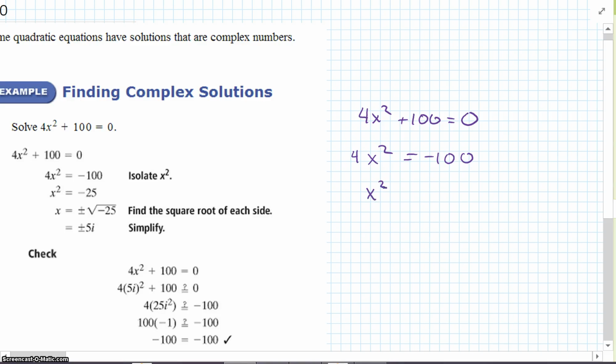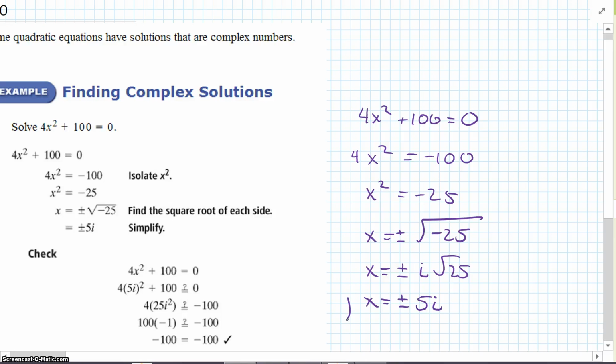I'm going to get x squared, divide each side by 4, equals negative 25. So x is going to equal plus or minus the square root of negative 25. So x is going to equal plus or minus i times the square root of 25, which is going to be x equals plus or minus 5i.